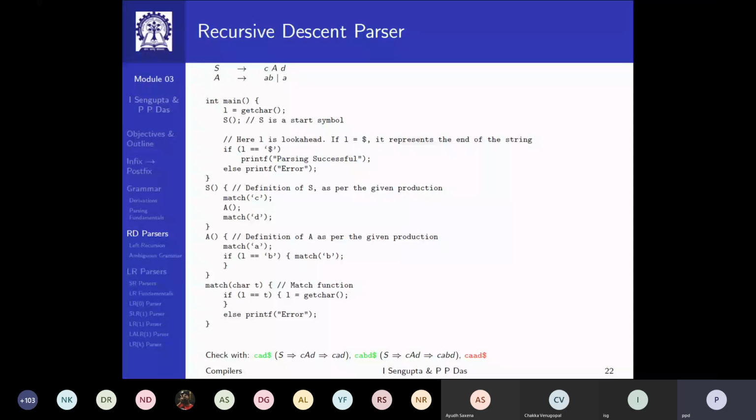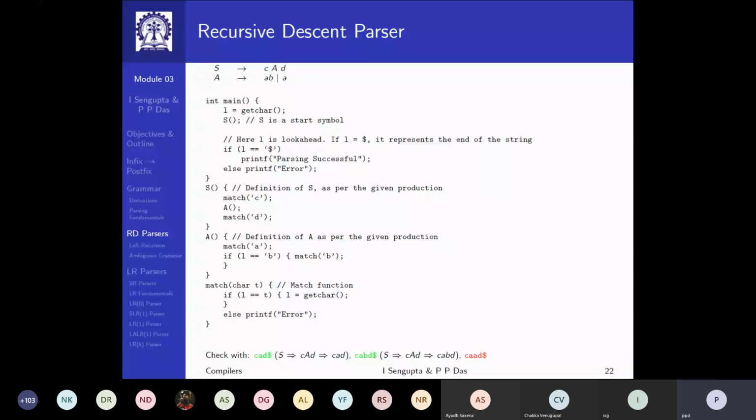Leftmost derivation means that you are going left to right on the sentential form. Now, applying the production rule of a non-terminal is equivalent to calling a function corresponding to that non-terminal.